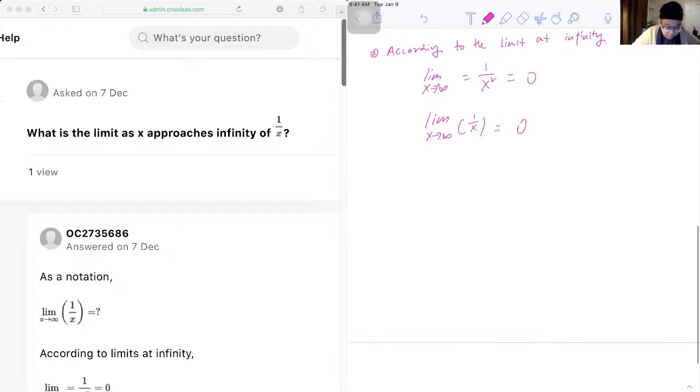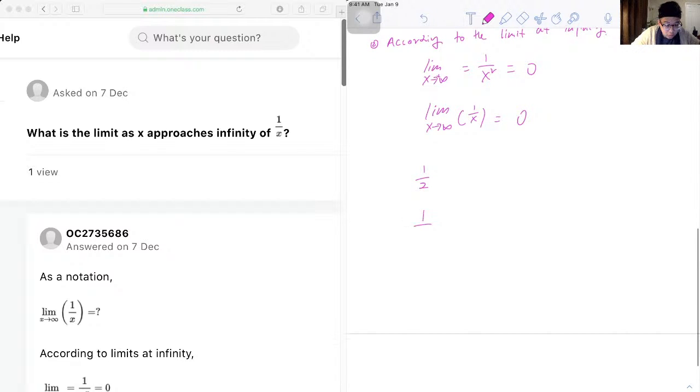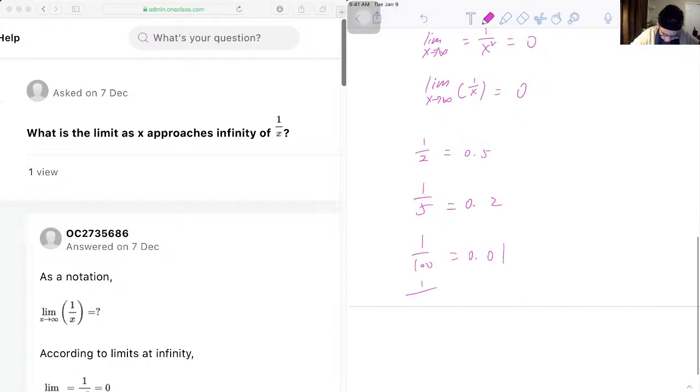Some examples could be 1 over 2, 1 over 5, 1 over 100, and that is equal to 0.5, 0.2, 0.01, and let's say 1 over 1,250, that is equal to about 0.001.